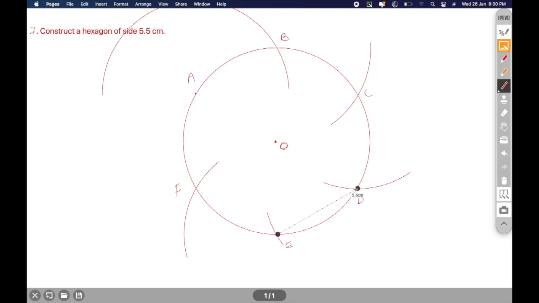E with D, C with D, B with C, A with B, F with A and E with F. So how easily we could draw a hexagon of side 5.5 centimeter. And if you measure the angle, each of these will be 120 degree.